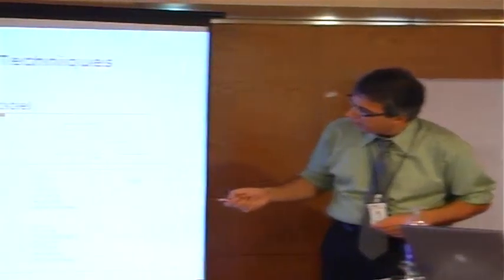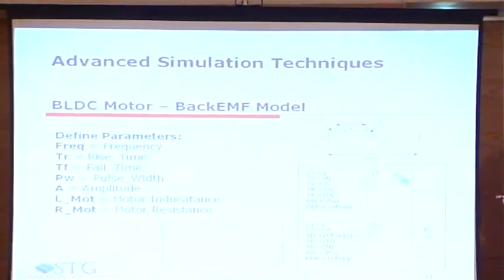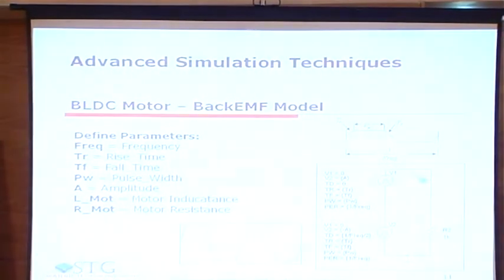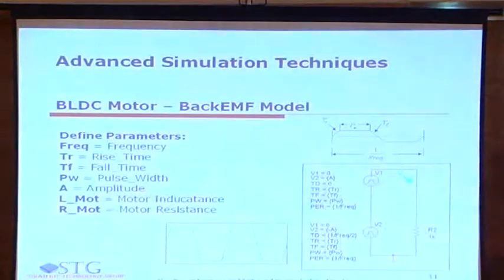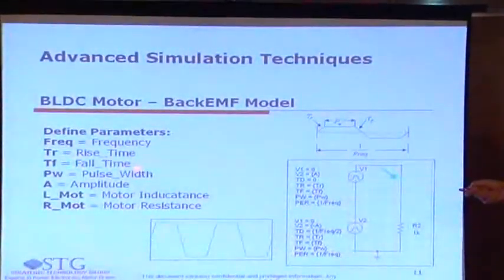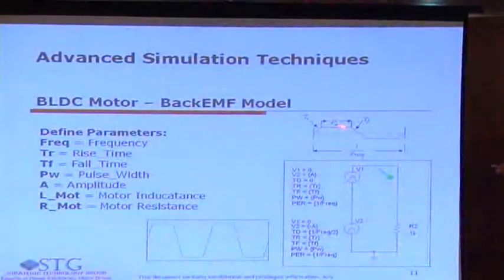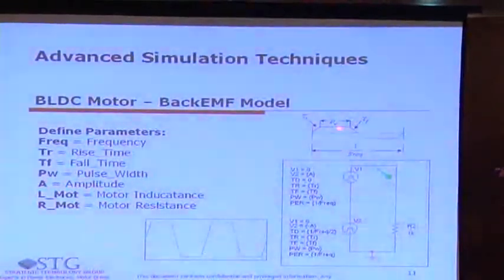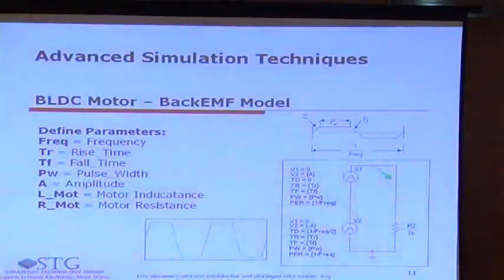Now here, for rise time and fall time, we make it such that the rise time is 30 degrees and the fall time is 30 degrees. The pulse width is 120 degrees. Amplitude is A, and then of course we have motor inductance parameters and motor resistance parameters. So everything is parameterized. We put everything in a parameter file.